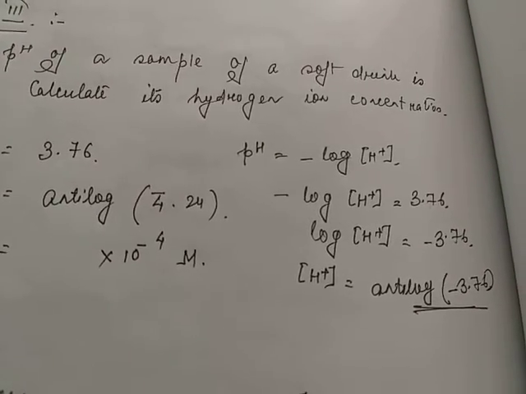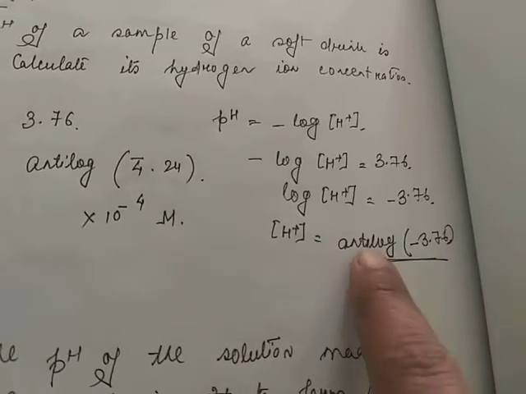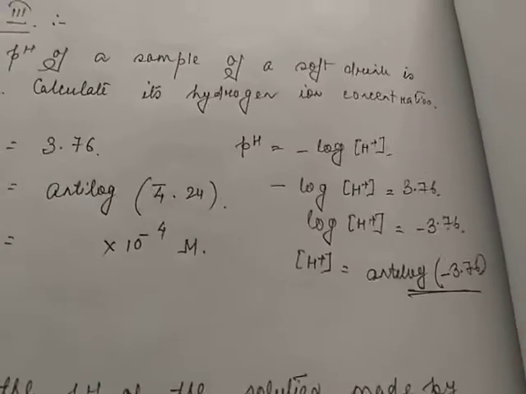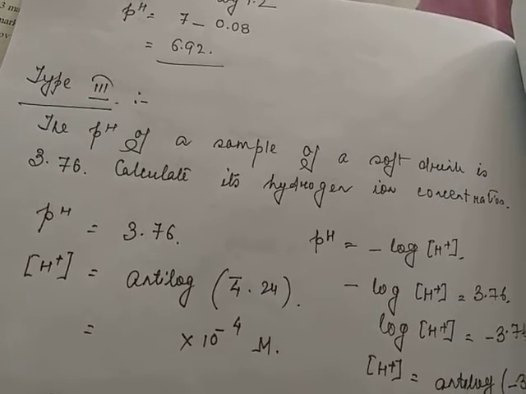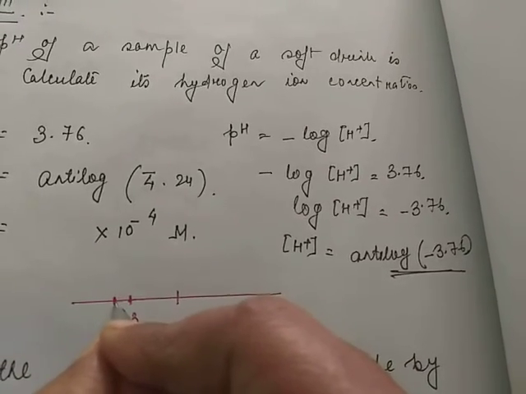In fact, we do not write it this way, because the antilog of a negative number is not possible. If you see the antilog table, it starts from 0.00. Minus 3.76 on a number line is minus 3, and 0.76 also we have to add towards this.